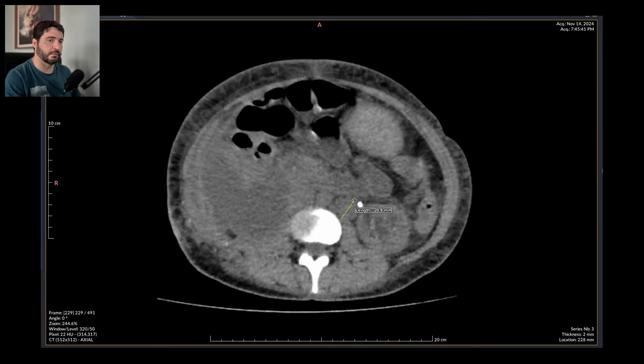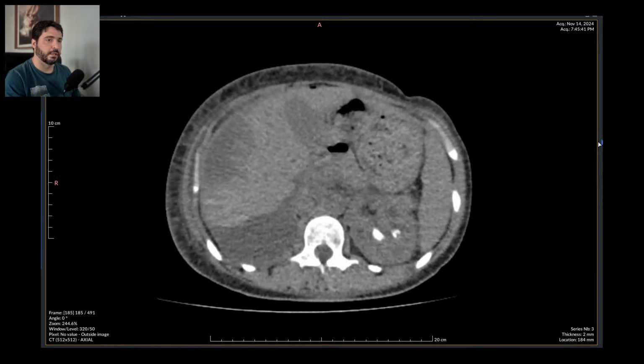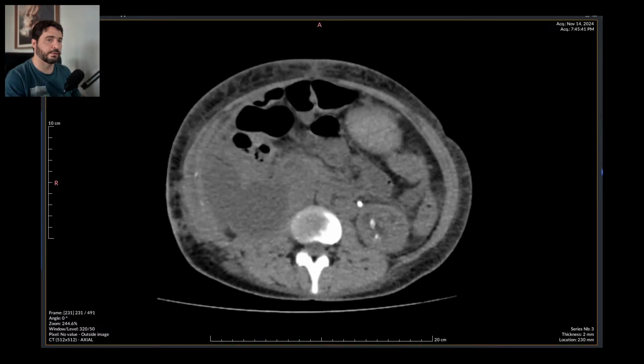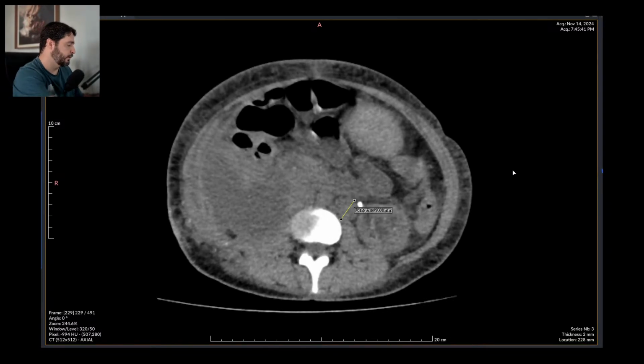We also have enlarged retroperitoneal adenopathies, enlarged lymph nodes, retroperitoneal lymph nodes. It's right there. Just going to write that down.